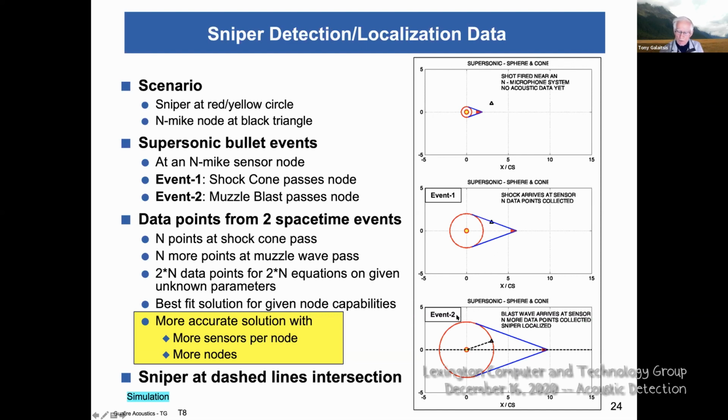And then event 2 is distinct in the sense that it happens at a different time, but it has the same physical 3-dimensional coordinates X, Y, Z. Same sensors, but different time. But what this means is that here you got N data points because the shock wave went by, and then the blast wave is going by, you get another N data points. So you have a total of 2N data points, and depending on how many sensors you have, you can get a solution if there are enough, and you can get a much more accurate solution if you have many more than you need.